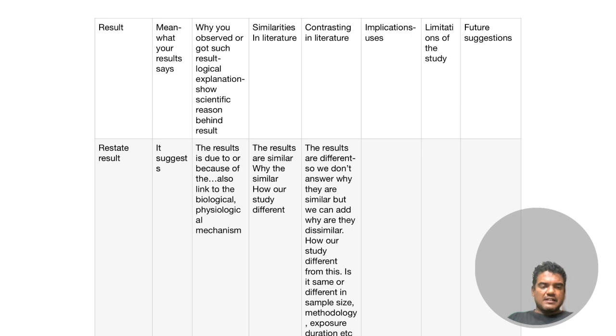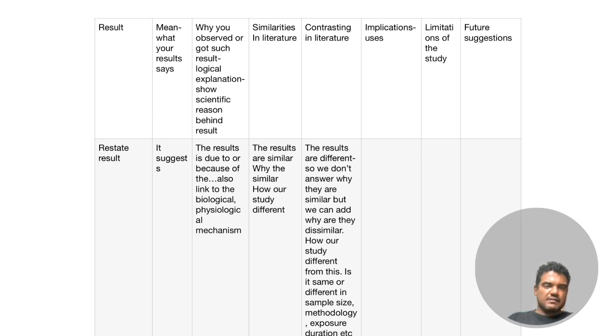The antioxidant system is one mechanism that is very important for the cells to protect themselves from these oxidants. So such implications we can write. So that means this is a very good stimulator of the antioxidant system, that we can write.